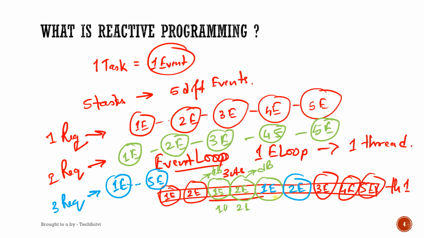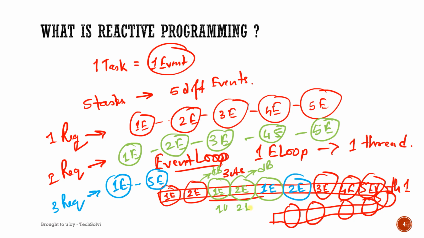And by that time we also got the response from the DB for the second request. So we can proceed like that. What you can see is our thread is never idle. We are always utilizing the capability of the thread.